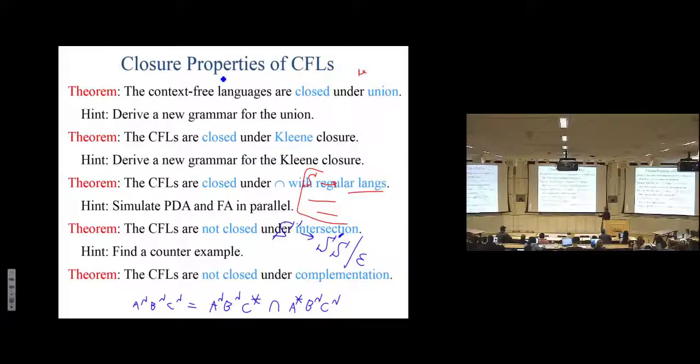How many believe this is an equality? Think about it for 10 seconds. How many believe now it's an equality? I was hoping for at least half the class. That's okay.